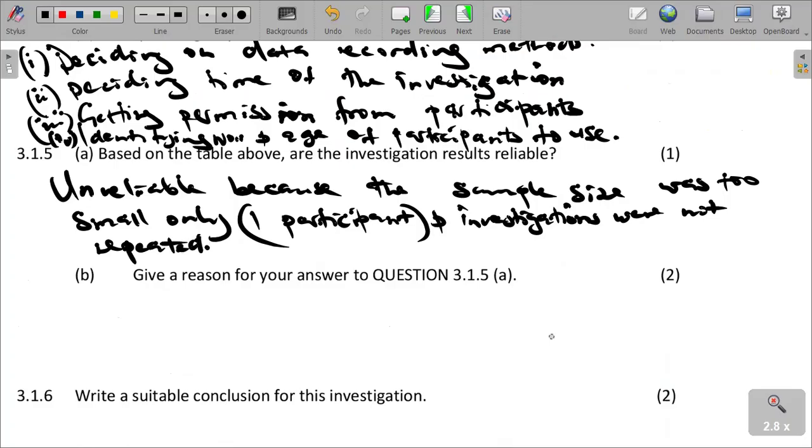So we can say that the results are unreliable because the sample size was too small. Remember, we said that in order for us to get reliable results, we need a big sample size. At least about 10 people are given the alcohol, and then we are able to see the changes and the response to that. Give a reason for your answer. We already mentioned some of the points.